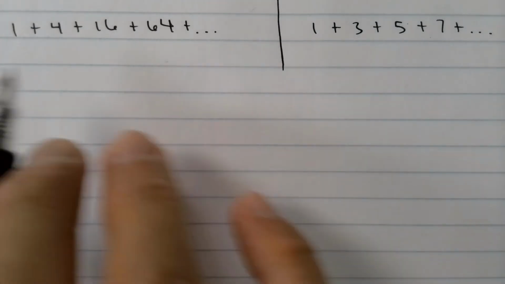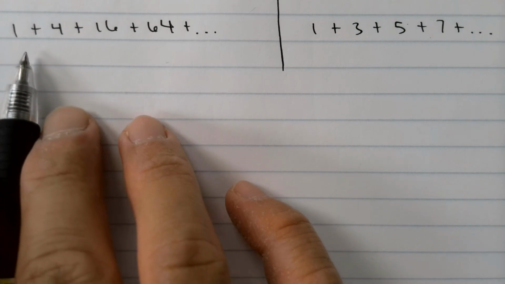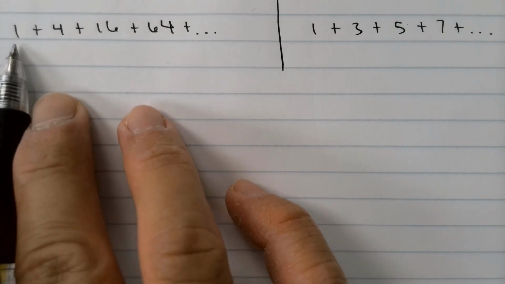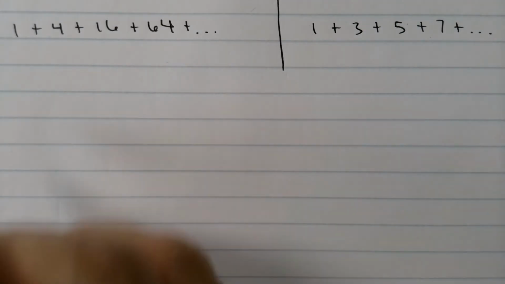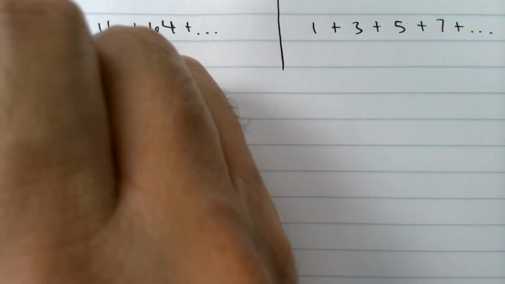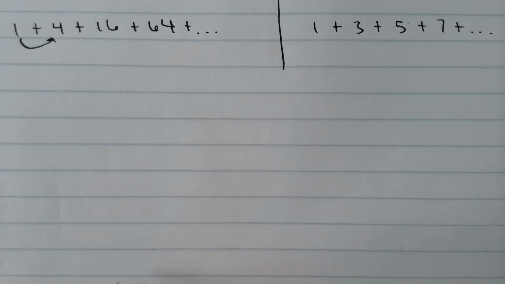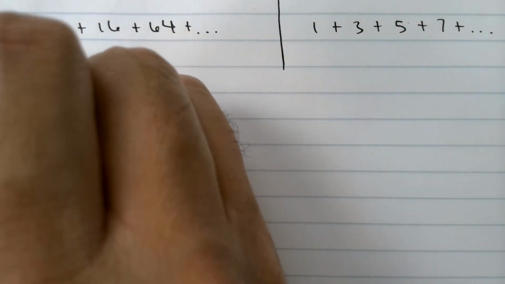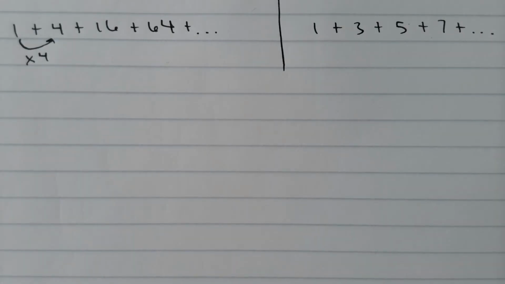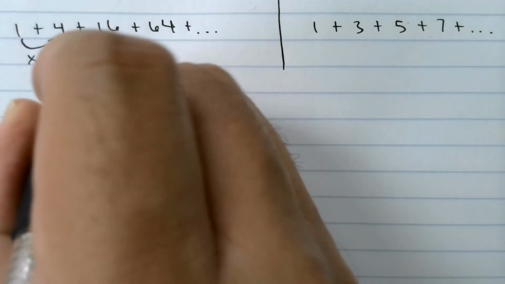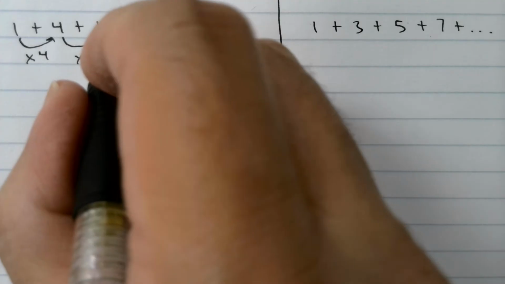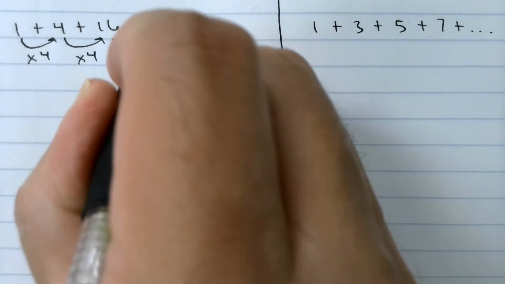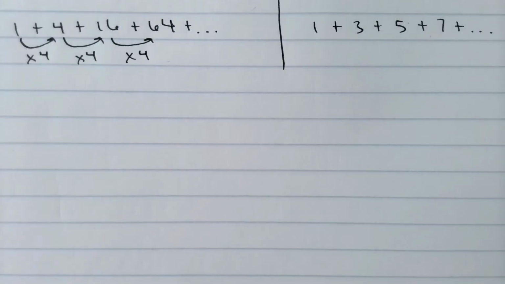But let's see what would happen if I were to take the first term and multiply it by a number to get to the following term, the successive term. Here, I would have to multiply by 4 to get from the first term to the second term, and it looks like I can do it again to get from the second term to the third term, and it looks like one more time I can do it again by multiplying by 4.